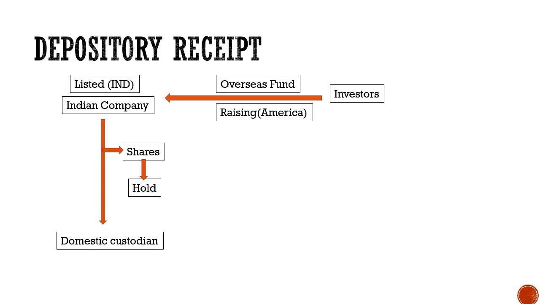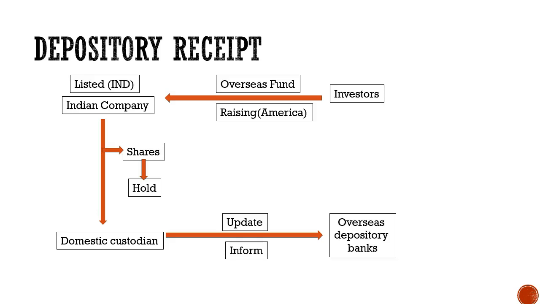Now the domestic custodian has a counterparty in the USA, which we can say is a collaborated company in the USA. The domestic custodian will keep updating and informing the counterparty company in the USA, and that counterparty company is known as the Overseas Depository Bank.